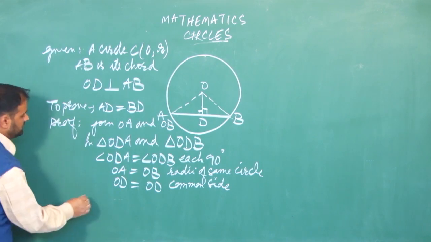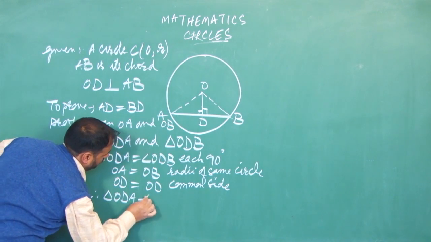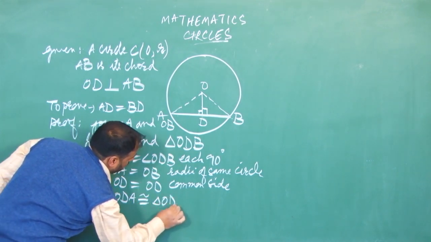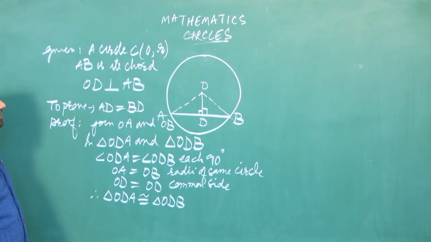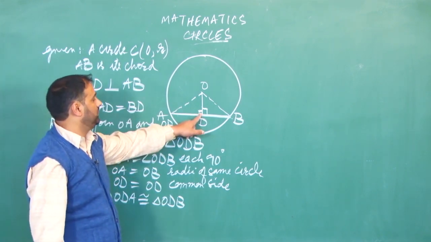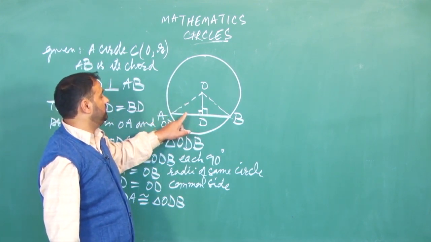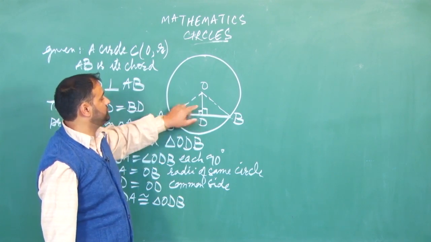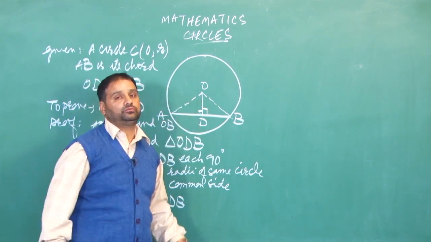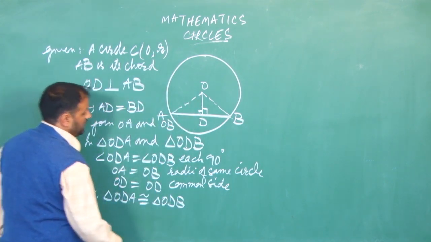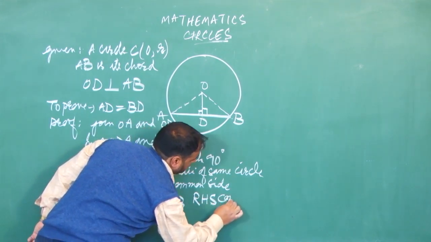So the triangles get congruent. Which rule makes them congruent? We have four congruency rules, and the most appropriate rule for making these triangles congruent is RHS. It is a right angle, and the side opposite to the right angle is the hypotenuse, and the remaining one side. Out of these two sides, one side should be equal. Either AD should be equal or OD should be equal. So we can say these triangles are congruent by the RHS congruency rule.